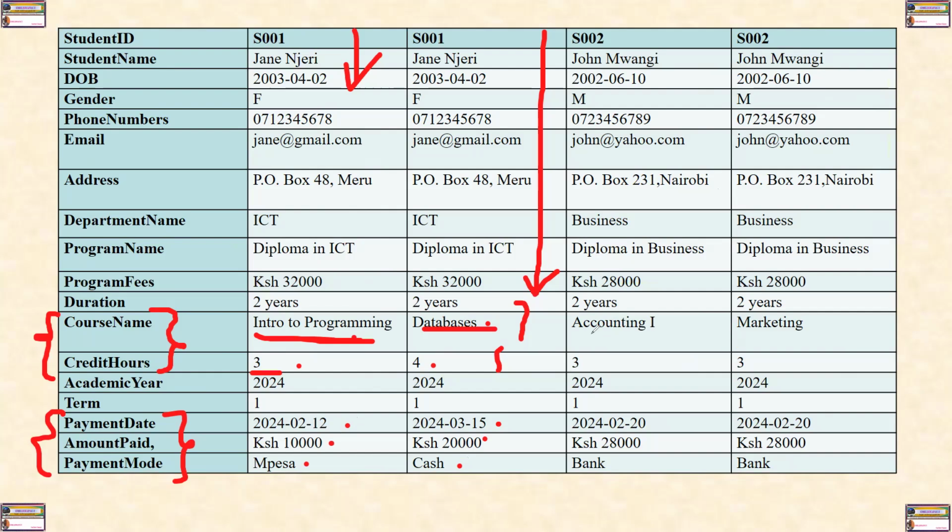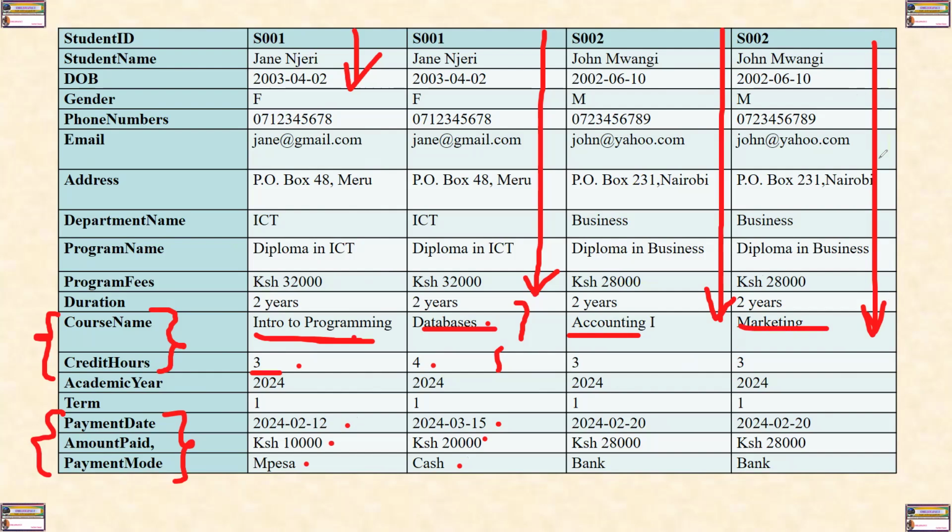John had also 2 courses. The first course being accounting 1 and the second one being marketing. So we have also split the courses into 2, and as a result, each course has its own record, or for each, we have a complete record for a specific student.